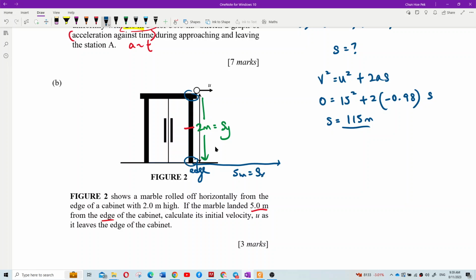This is Sx, class, right? So how do you do it? This is a horizontal projectile. Question B, horizontal projectile.